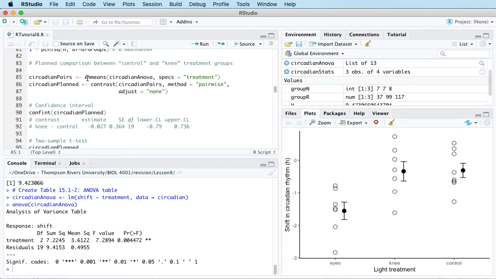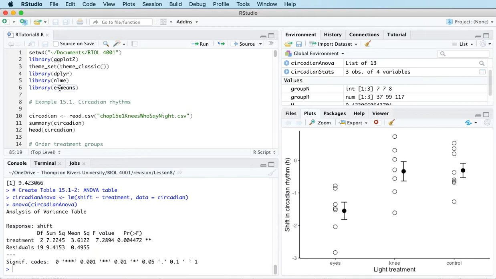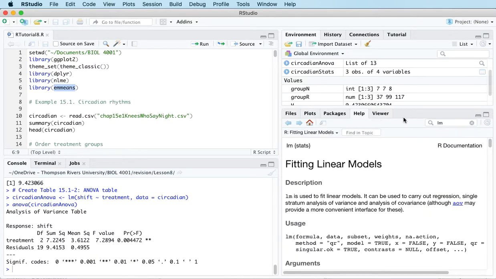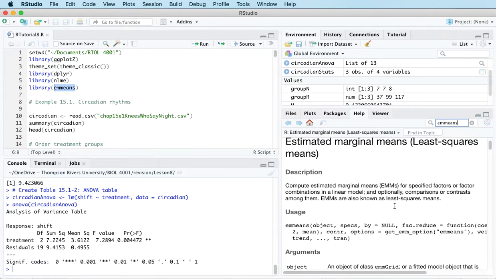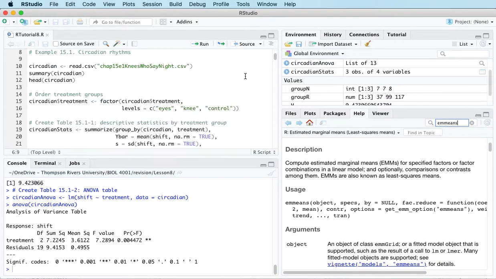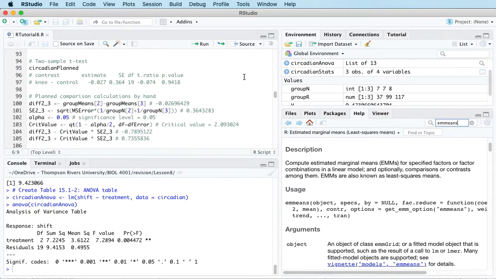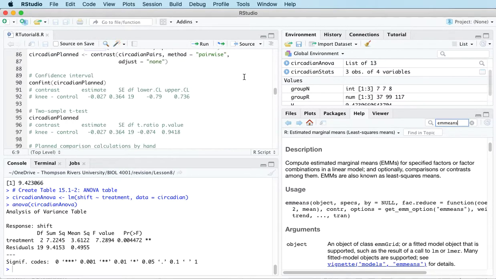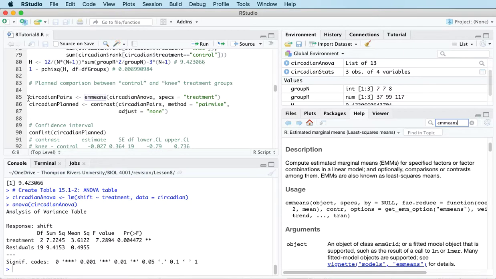We're going to use the function emmeans, which is in a package called emmeans. We can find out more about that here. This tells you all about the function that we're going to use, and so we'll run this code.